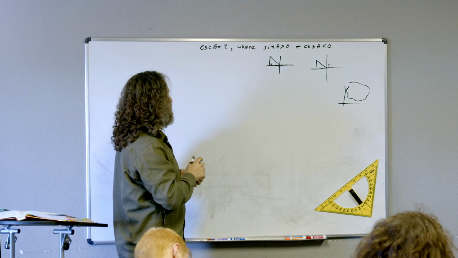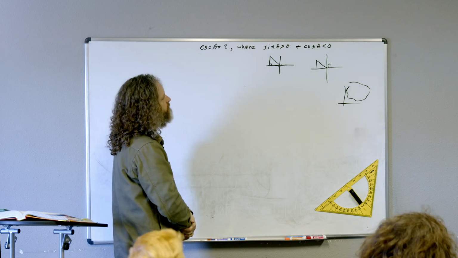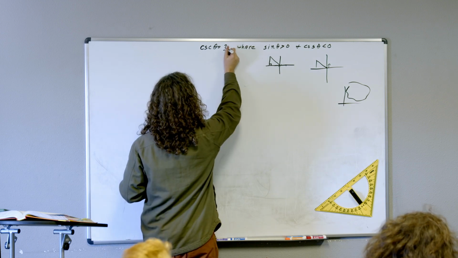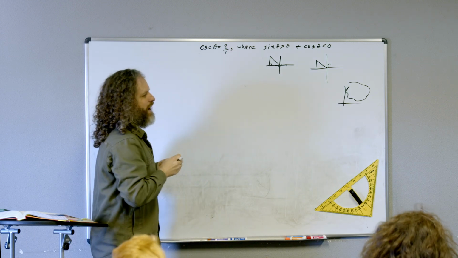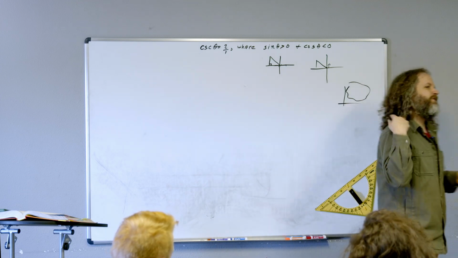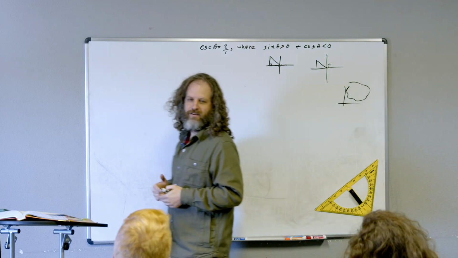So the cosecant is 2. What is cosecant? 1 over sine, and sine is what in x's and y's and r's? Y over r, right?